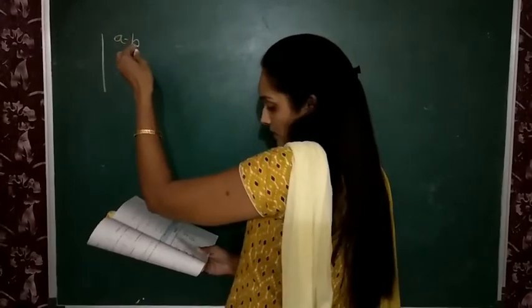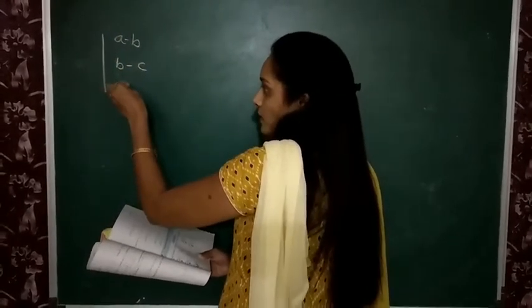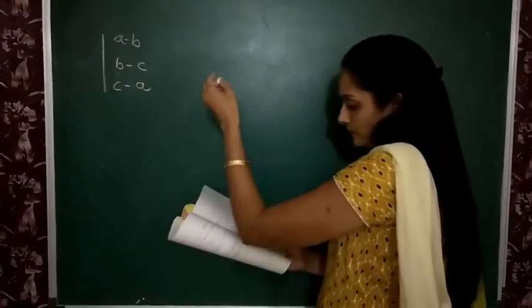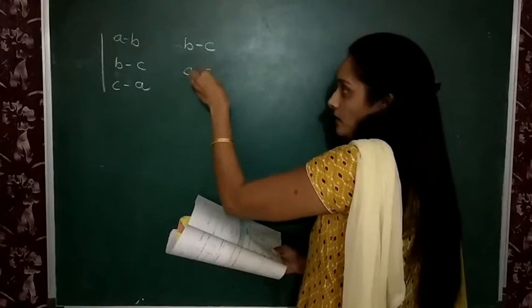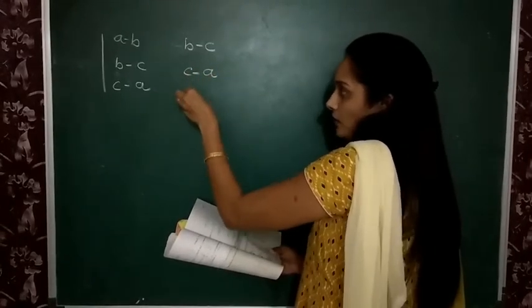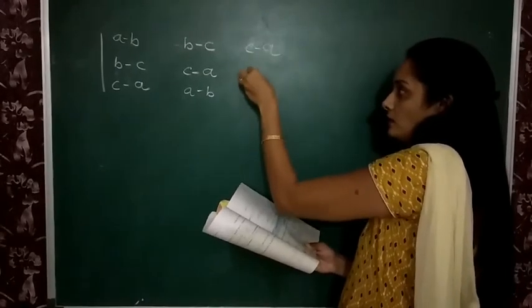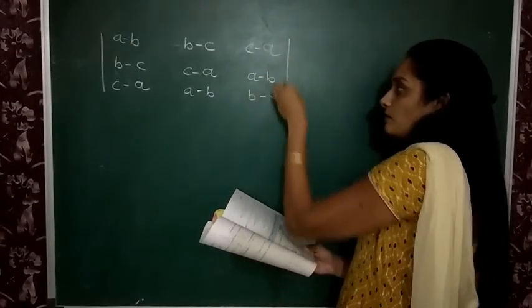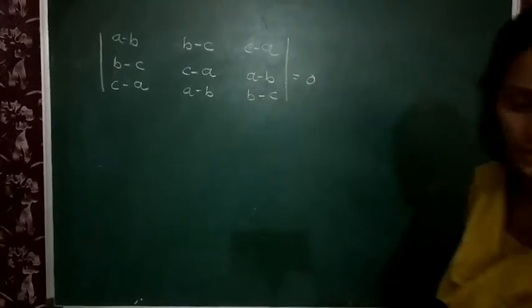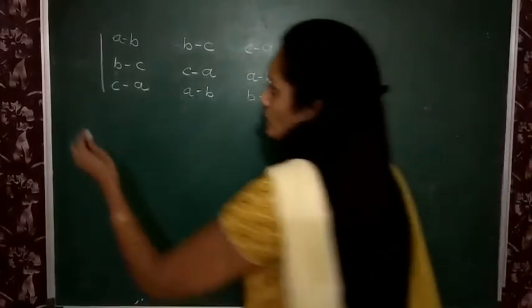Second sum is a minus b, b minus c, c minus a; b minus c, c minus a, minus b; c minus a, minus b, and b minus c is equals to 0. Okay, first we take left hand side.